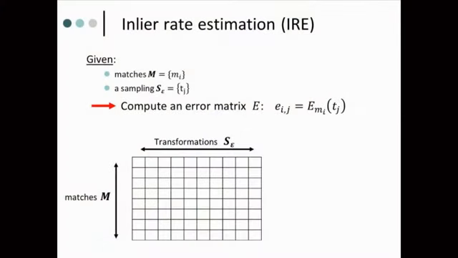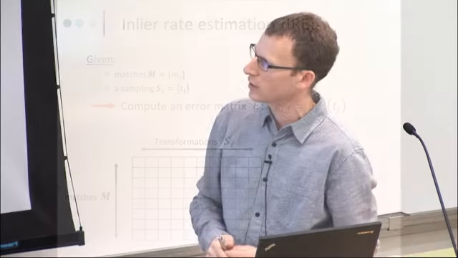So we build this 2-dimensional error matrix E, where the entry ij is just the error of the match mi under the transformation tj. You can think of maybe a couple of hundred matches typically, and many thousands, or tens or hundreds of thousands of transformations. So we compute this matrix.